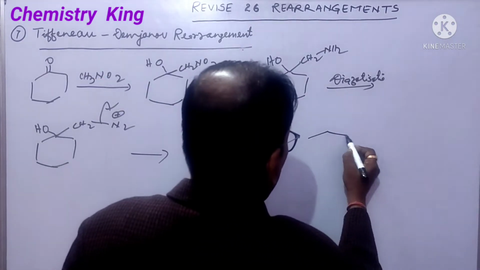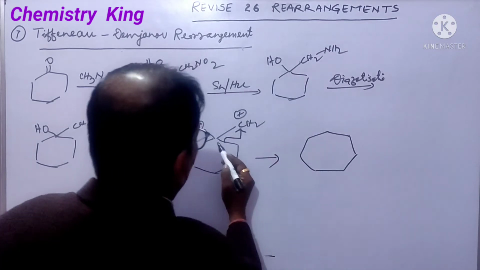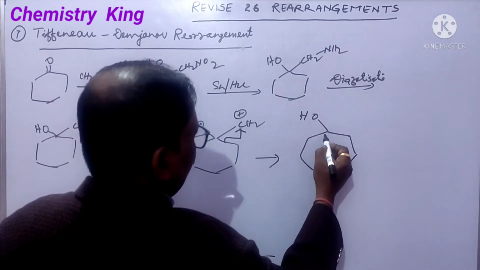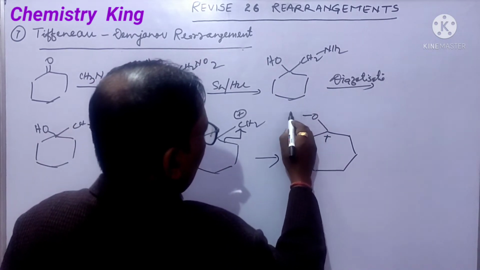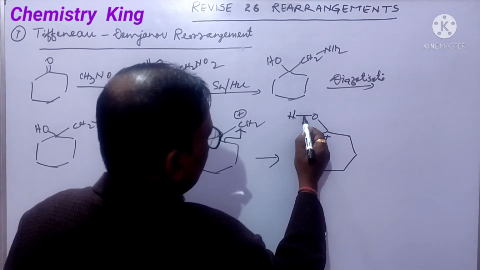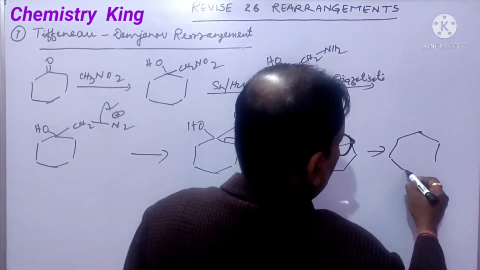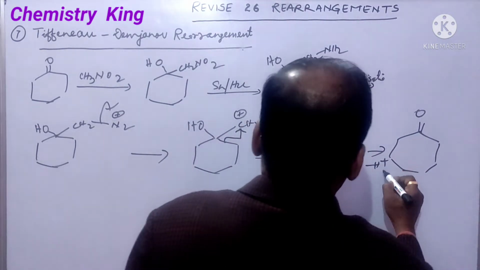So now it will be 7-membered ring, and it is OH and positive charge will be here. And due to this positive charge, this bond will break in this fashion and you will get cycloheptanone minus H plus.